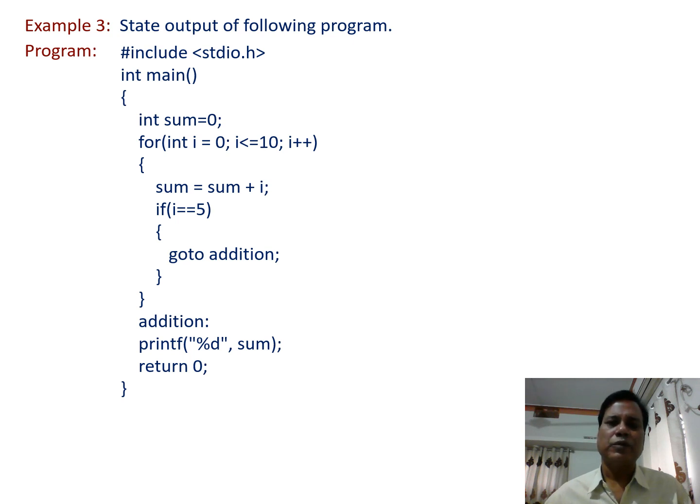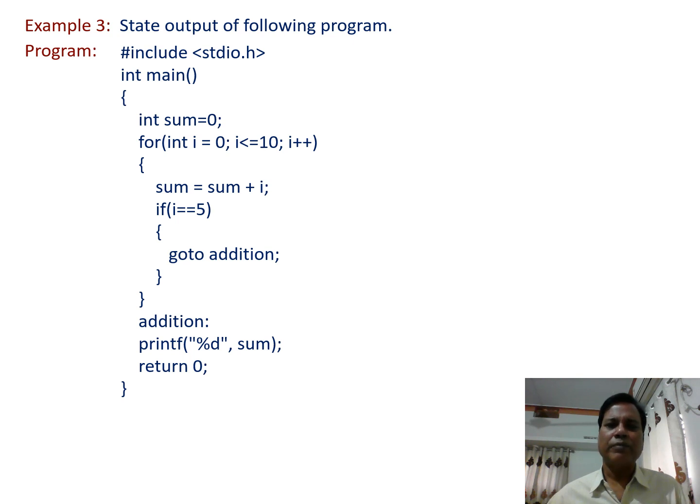The condition is true. When the condition is true, again the body of the for loop is executed. In this body, sum equal to sum plus i. The value of i is added to the previous sum, that was 0. So 0 plus 1 is 1. This 1 is assigned to the left side variable sum. Then in the if condition, i equal to 5, where i is 1 here, this condition is false.